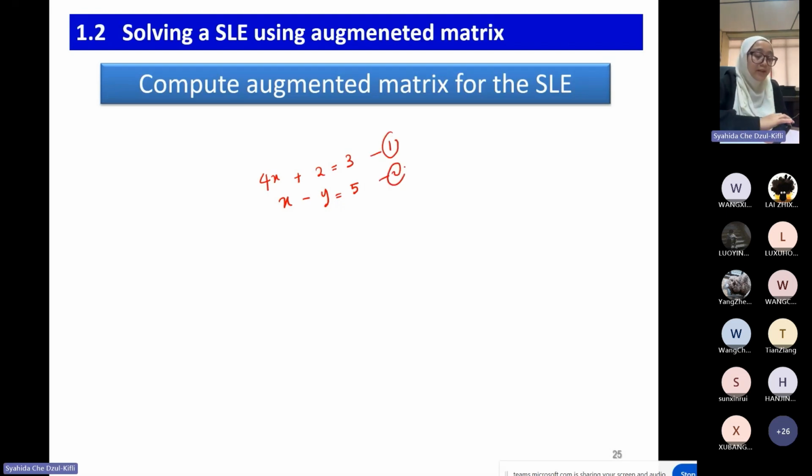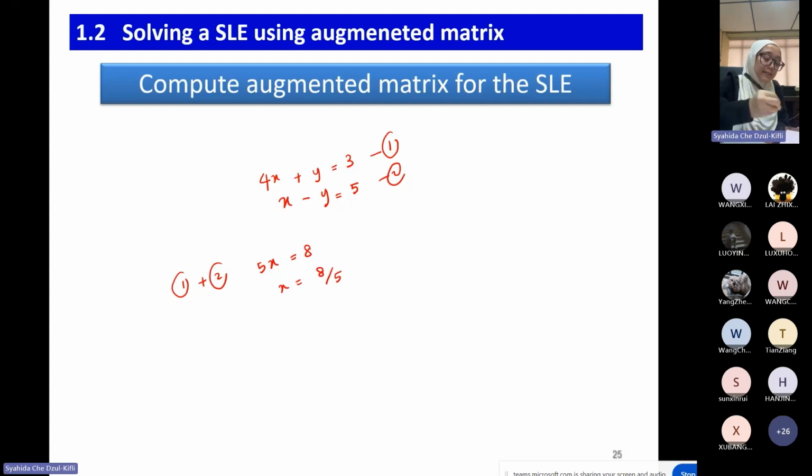There are many methods, right? For example, we may add them up, right? 1 plus 2, then we are going to have 2x equal to 8, right? Therefore, x equal to 4.